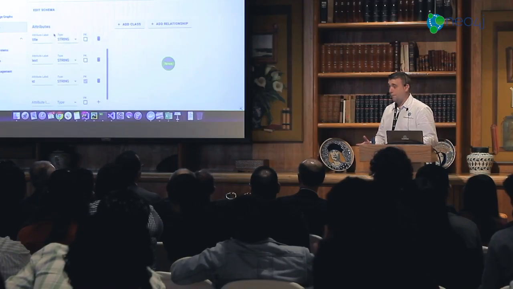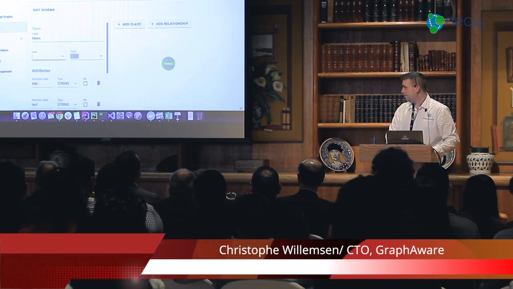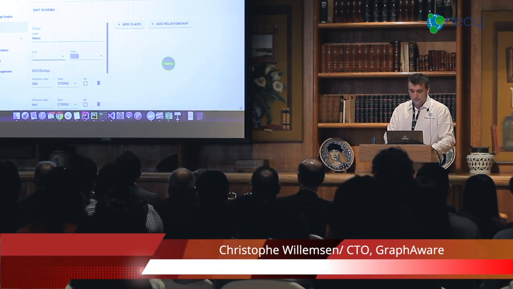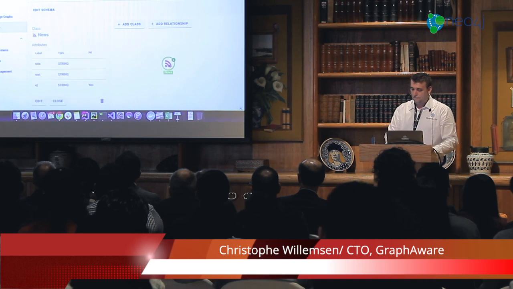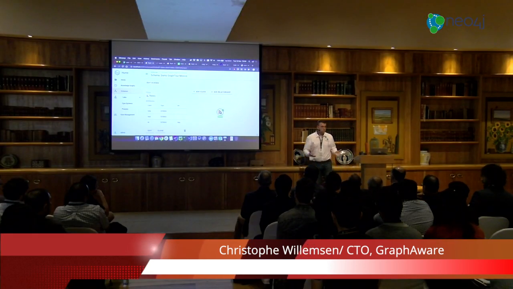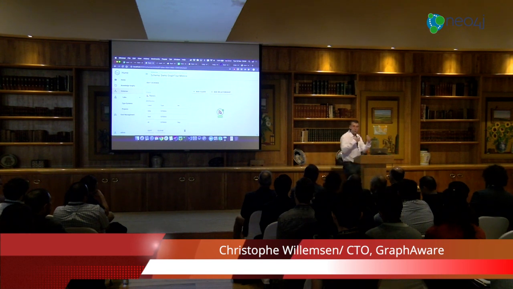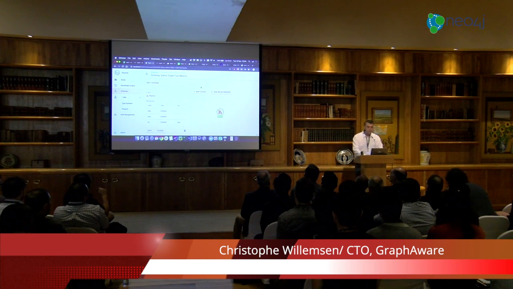For the sake of beauty, I can even put an icon on this node. And a color. So up to now, this is my domain, all right? And I will create a knowledge graph based on this domain, based on my schema.